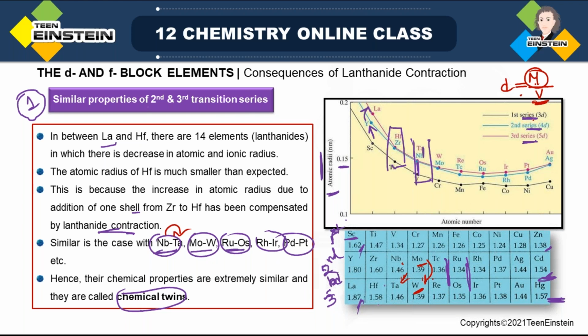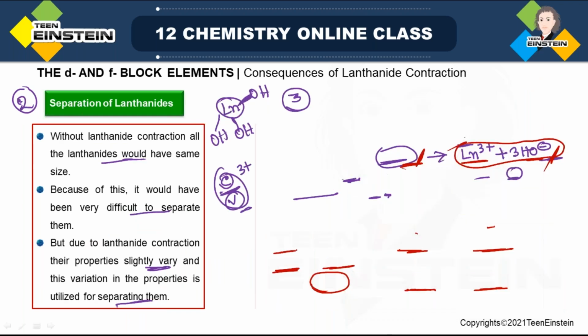That means the denominator is unchanged, but the numerator is increasing. So this ratio will obviously increase. That means density will be very high for the post-lanthanide elements. And what are the post-lanthanide elements? All these elements in the third series are post-lanthanide elements. These elements are not post-lanthanides, okay? But the last series, they are post-lanthanides.